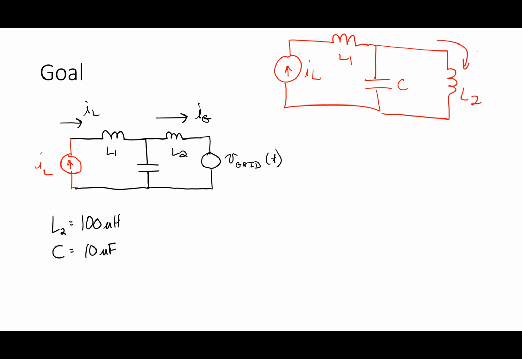And the current here is, I'm going to say, IG of S. If I do this in the phasor domain, Laplace domain, this is IL of S, and that would be IG of S. So if I know what the current is there, how would I approach this to figure out IG? Yeah, current divider, right?